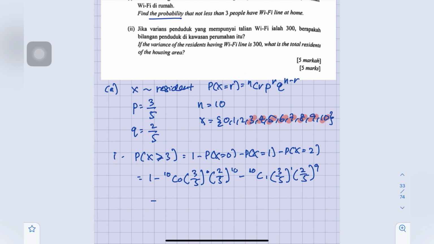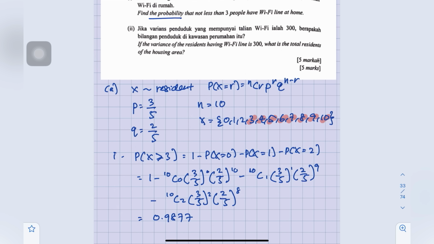Minus, when X equals 2, 10C2, 3/5 power of 2, 2/5 power of 10 minus 2, which is 8. Then we will get the answer, 0.9877, for significant figures or decimal places.